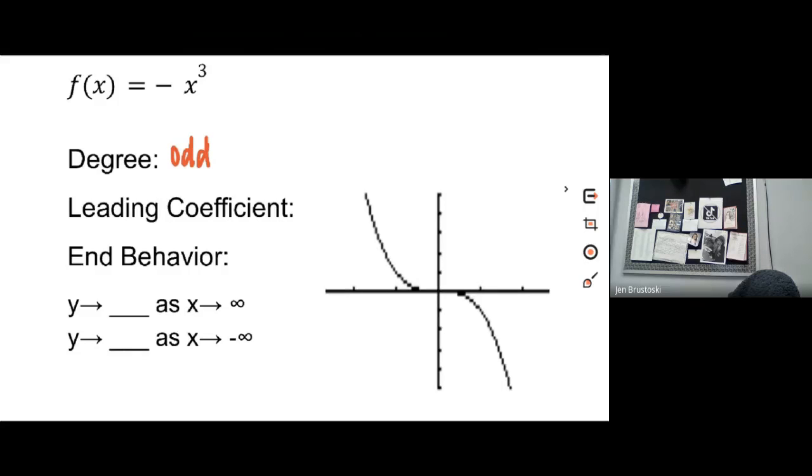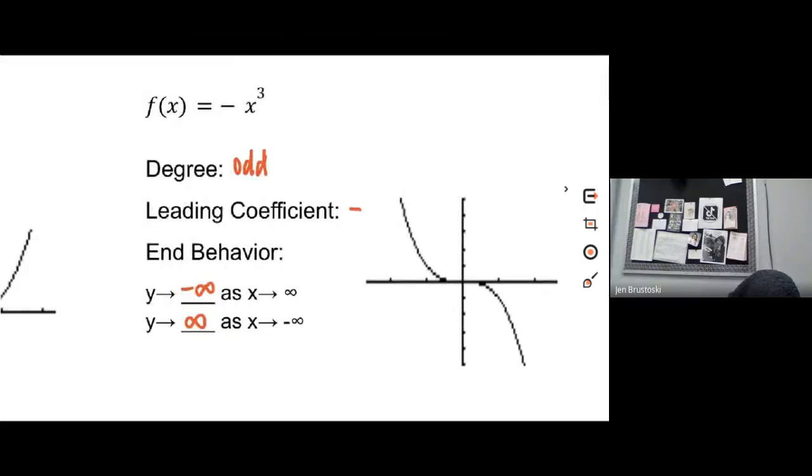The leading coefficient is negative. And then our end behavior: as x approaches infinity, y is going to negative infinity. And as x goes to negative infinity, y goes to positive infinity. So it's just the opposite. And it's the opposite for both of those.